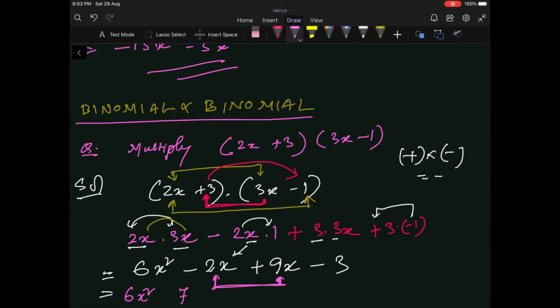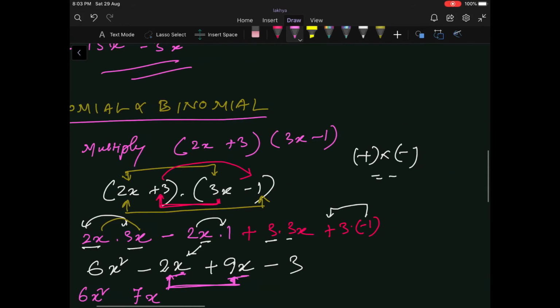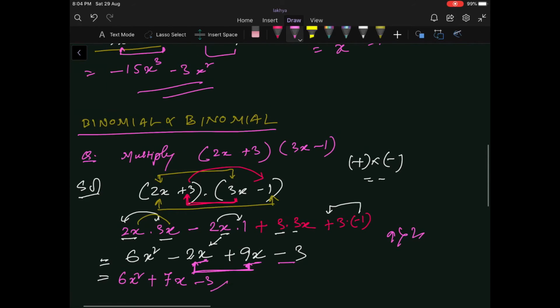Okay, and there is x, there is also x. So 9x minus twice x must be 7x, and the sign before the greater one, we know that 9 is greater than 2, and here the sign before 9 is plus, that's why this result should be plus, and there is minus 3, so right here minus 3. So this is our answer.